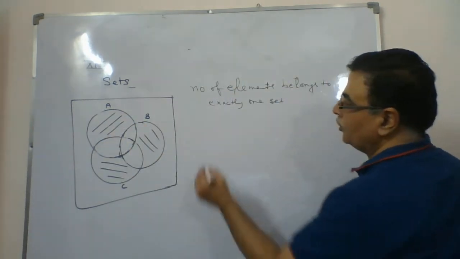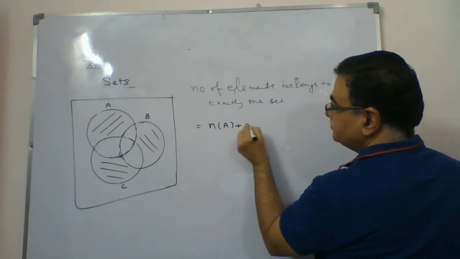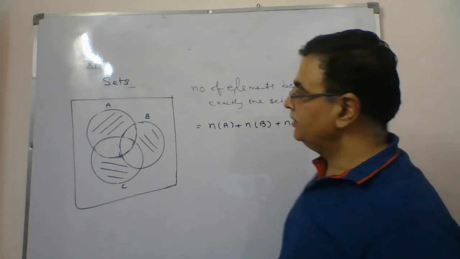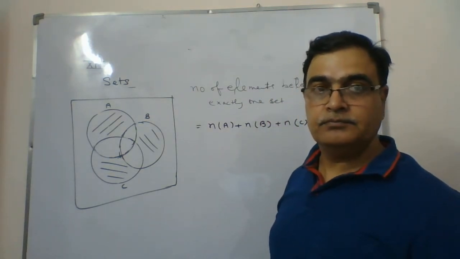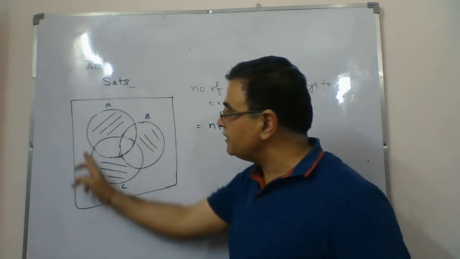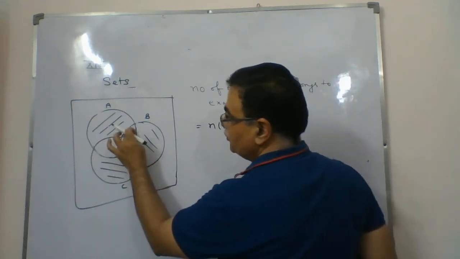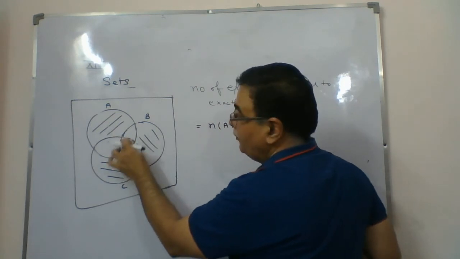So to get this, what do we do first? First, I take the complete NA, NB, and NC. When we are taking NA, NB, and NC, it means I have taken this total. Now check this portion. This portion, if you take, will be A intersection B. How many times did it come?